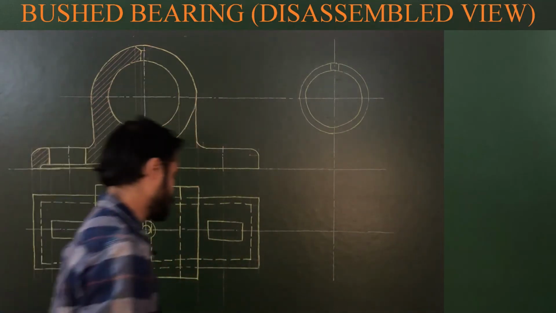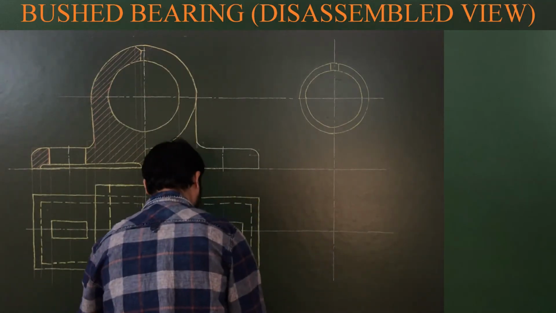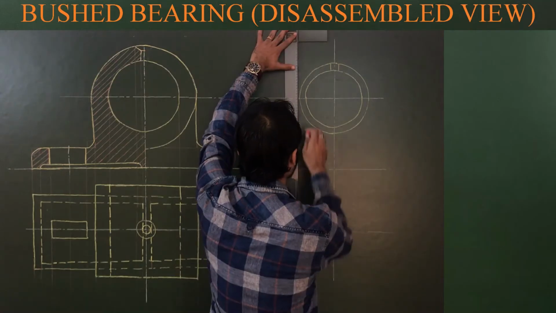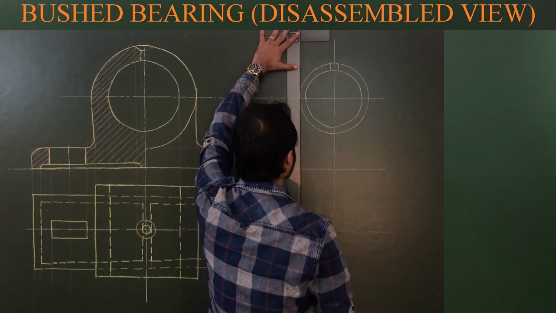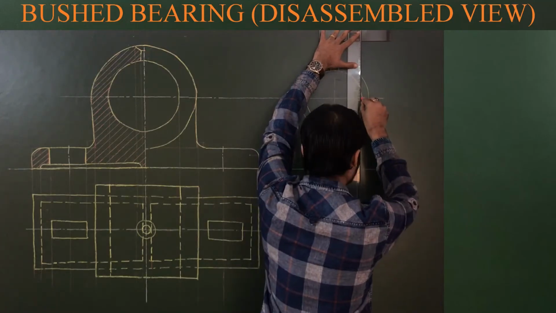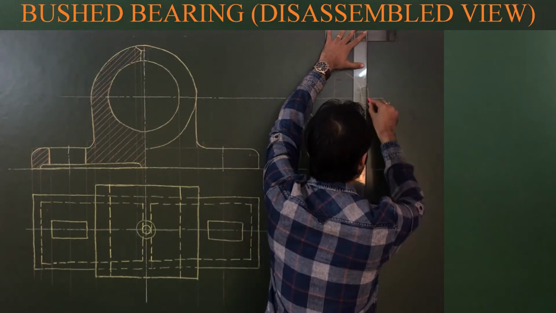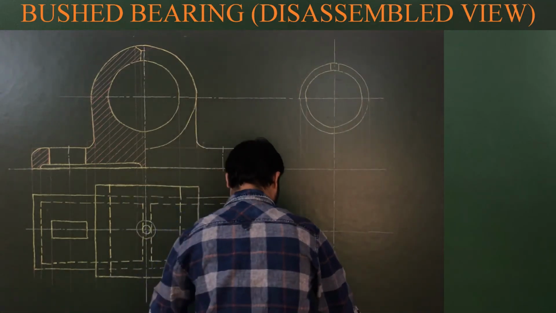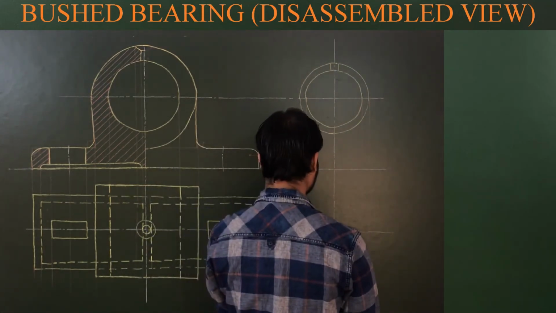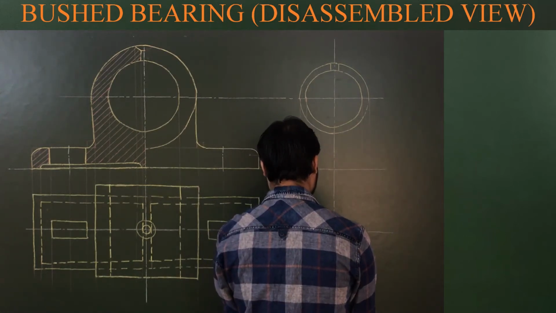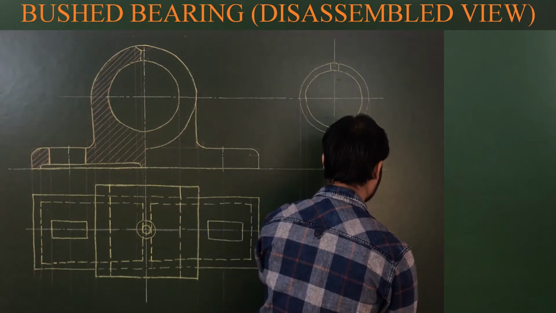Now project these limits for its top view. So project them for the top view like this, initially using a light pencil. And then mark the end limits of the bush.